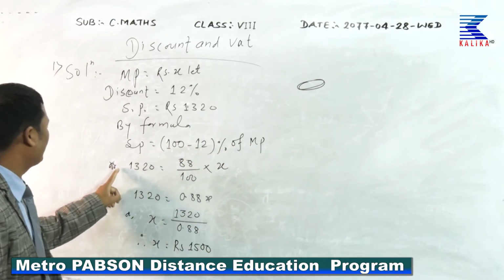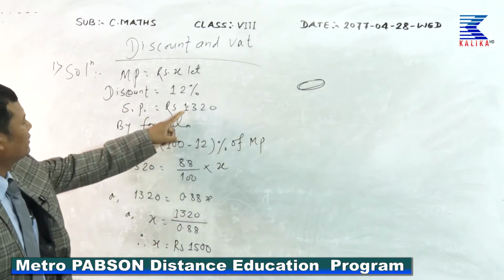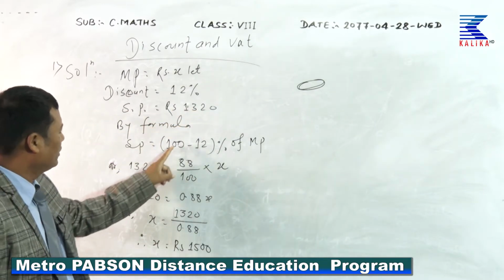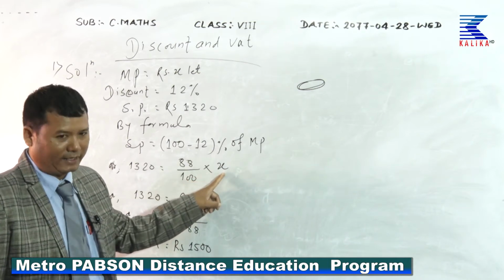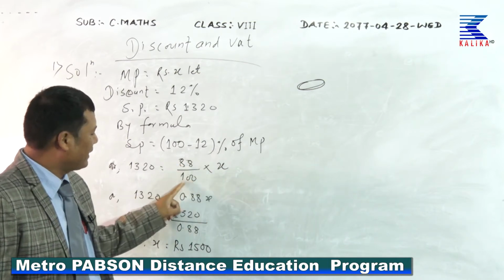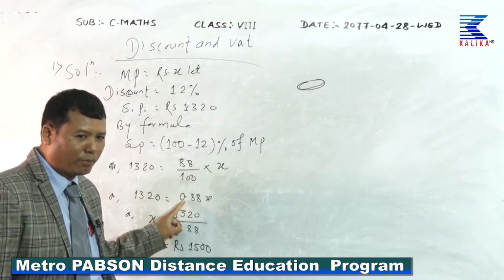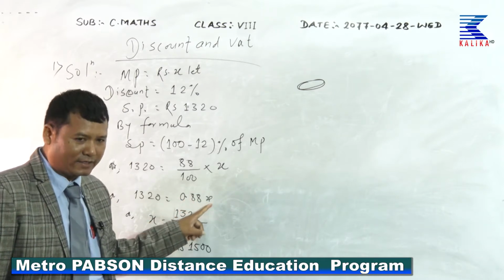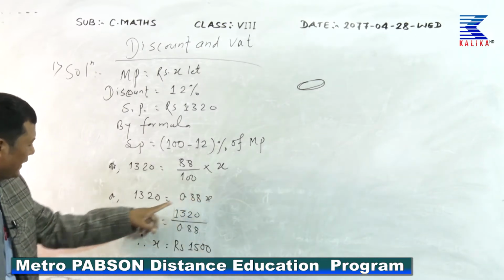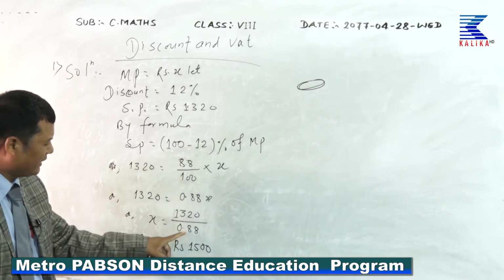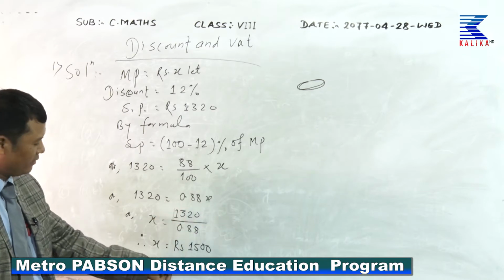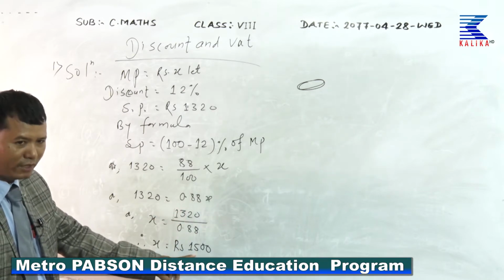Then 1320 is equal to 88 by 100 into X. 88 divided by 100 is 0.88 X. Then X is equal to 1320 divided by 0.88, and using the calculator it will be 1500.